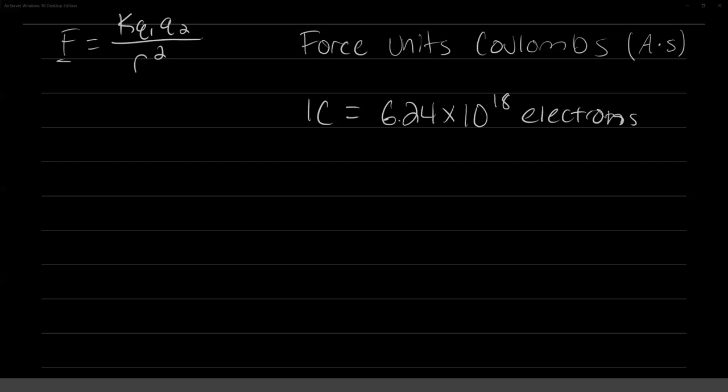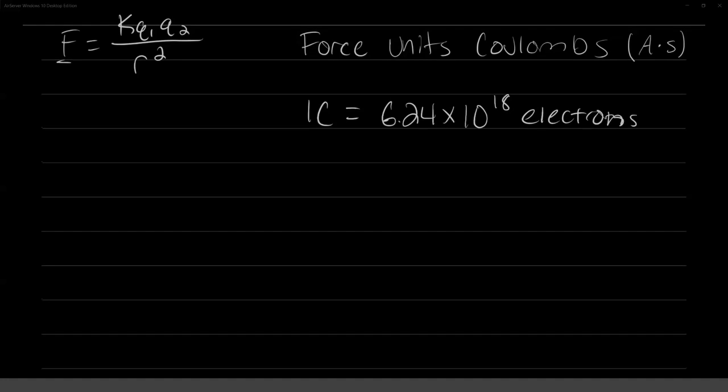Because if we're going to talk about current in a little bit, current is the flow of electrons. So if you want to measure how much current you're getting, the first guy to figure that out was a guy named Coulomb, and he named it after himself. And they ultimately figured out that 1 coulomb is this many electrons, from what I understand.